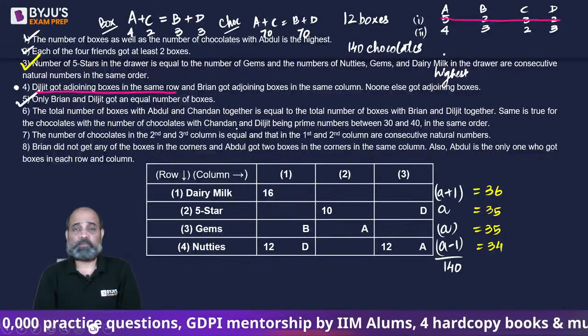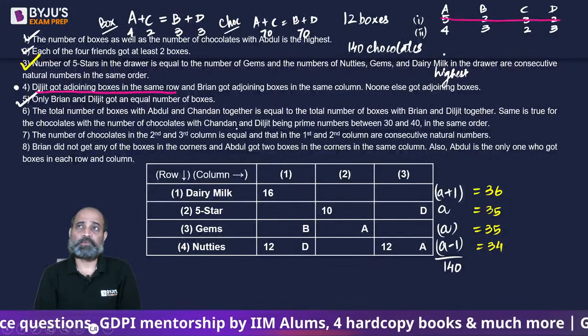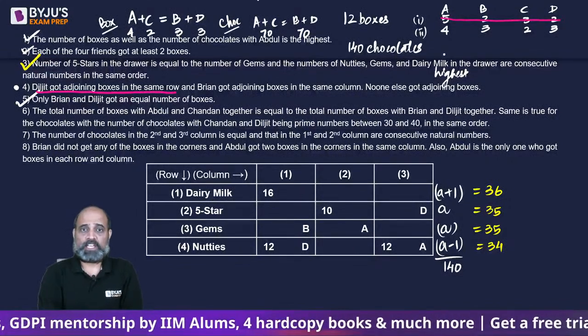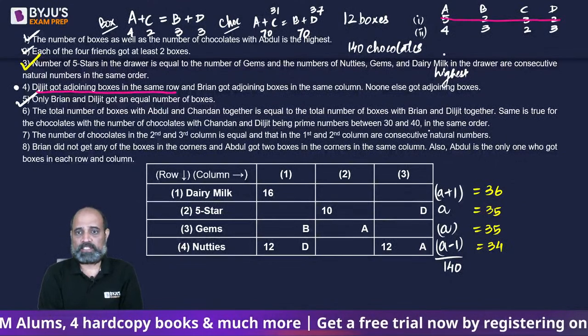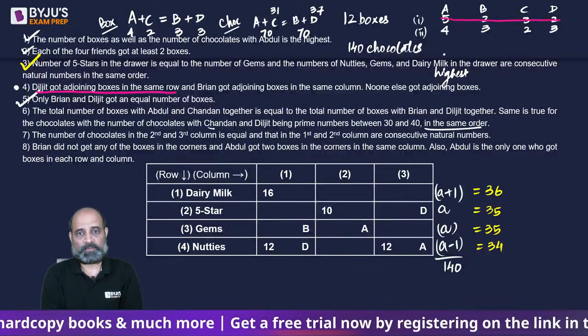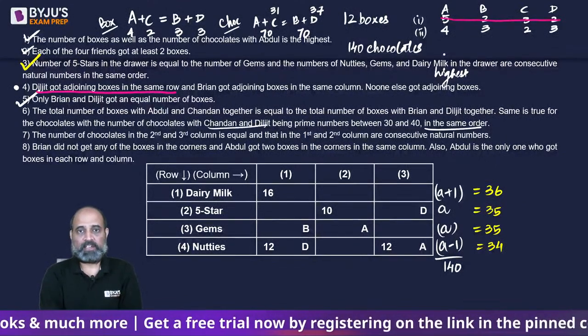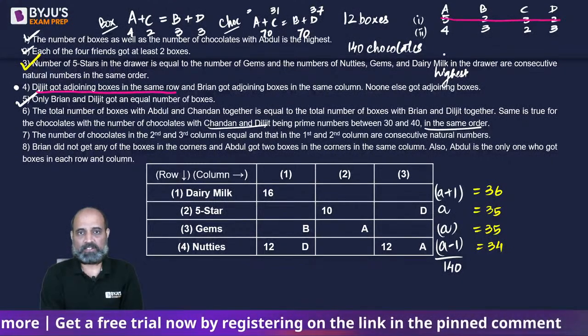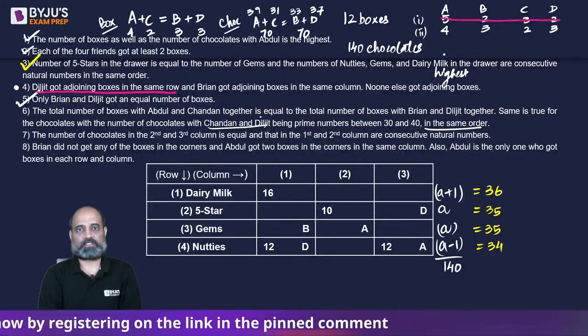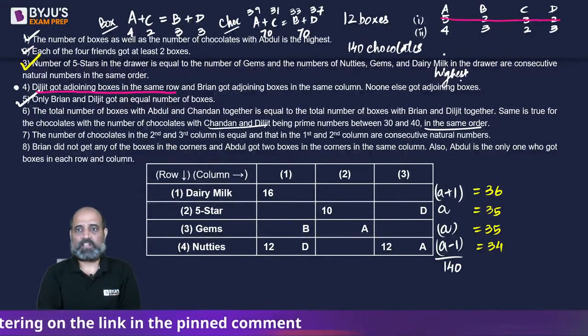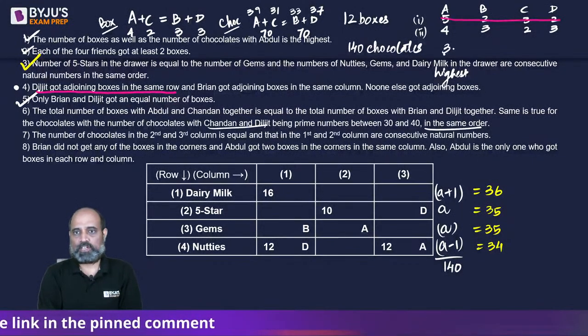So what are the prime numbers between 30 and 40? 31 and 37. So that means Chandan gets 31, Diljit gets 37. Why? Because it says in the same order. The order in which the names are given is the order in which they get the prime numbers. That means A gets a total of 39 chocolates and B gets a total of 33 chocolates. Makes sense? So A gets 39, B gets 33, C gets 31 and D gets 37.